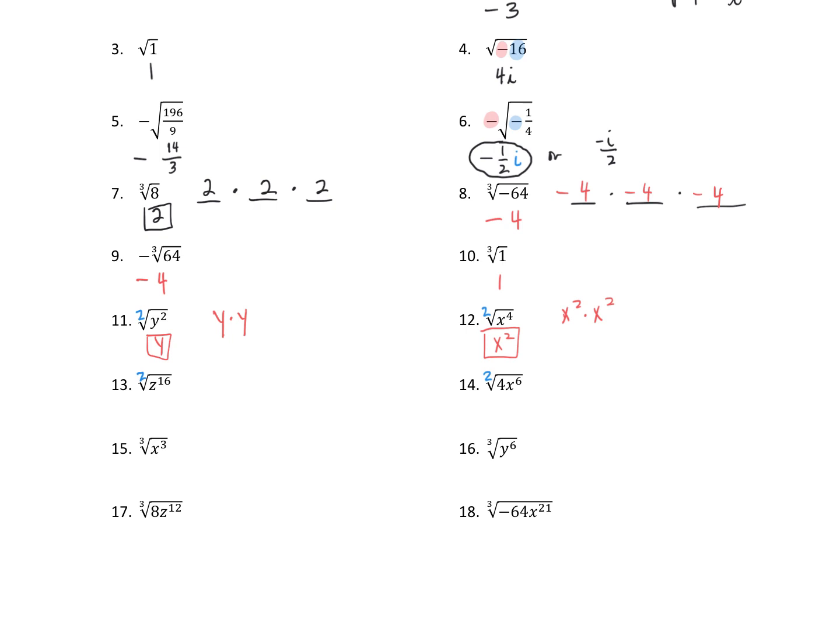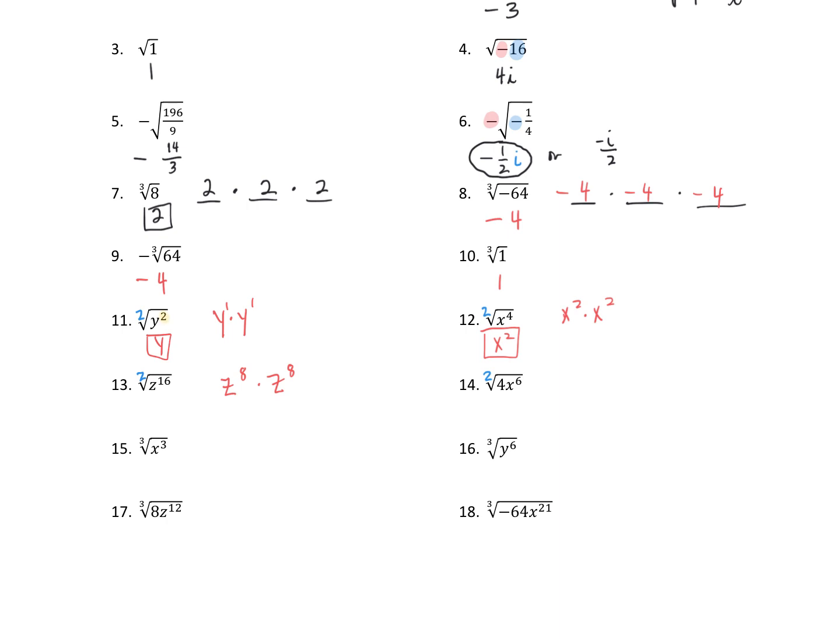So let's think about how we can split up z to the 16 into two factors. If we're splitting it up into two factors, we want something times itself to be 16. Well, if you're splitting 16 up into two things, that's 8 and 8. Notice what happens with all of the exponents. So let's go back and look at number 11.